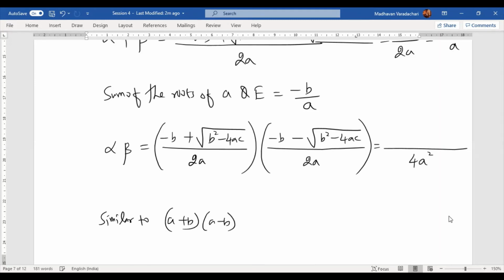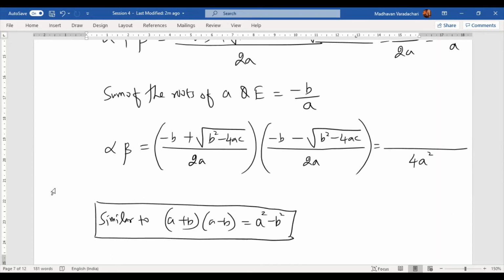We know the algebraic identity a plus b into a minus b is a square minus b square. So I will substitute that formula here. What is a square here? Minus b the square. Minus of b square. b square is root of b square minus 4ac the square.